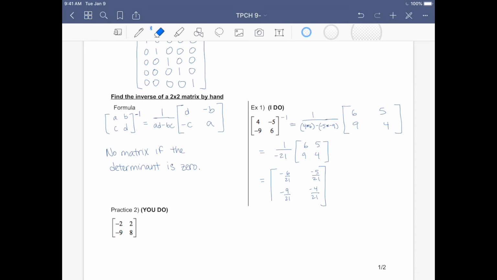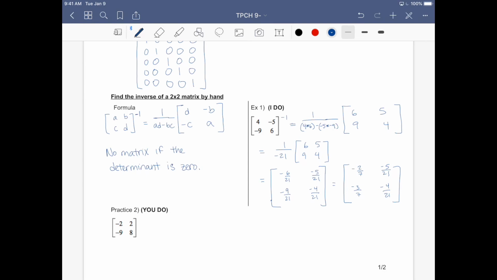Let's clean that up a little bit. You can also go ahead and simplify, and it's probably best to get that practice here and there. So negative 2 over 7, negative 5 over 21, negative 3 over 7, negative 4 over 21, and that is the inverse of this 2 by 2 matrix.